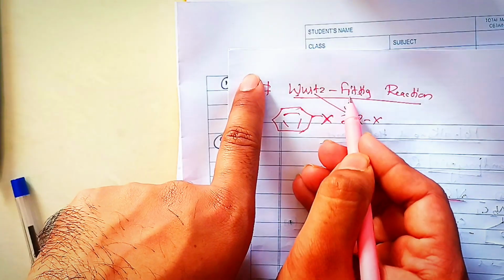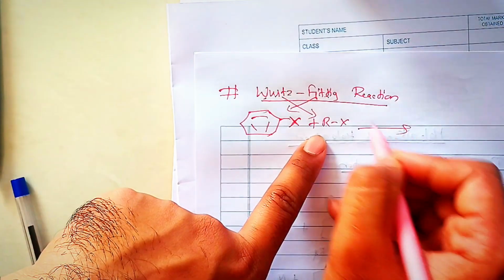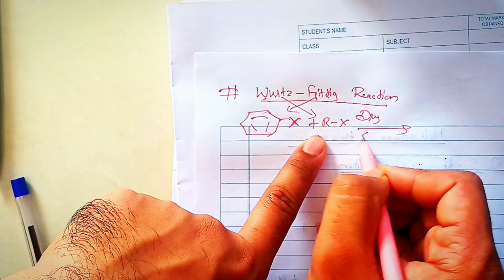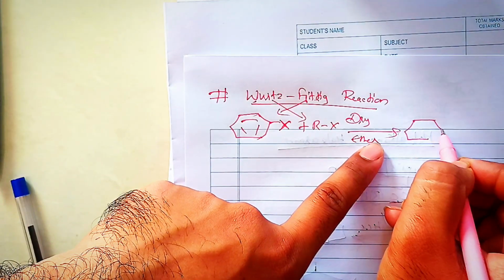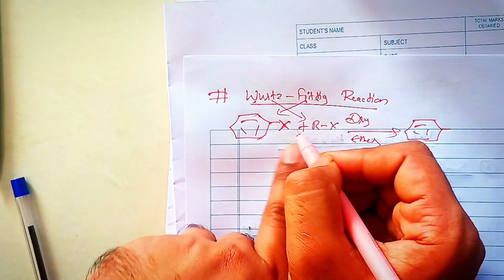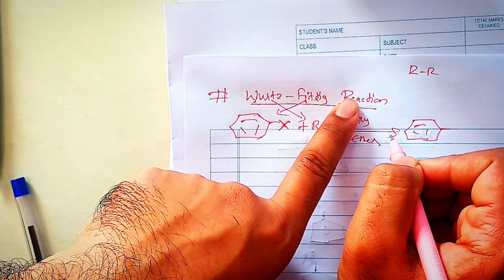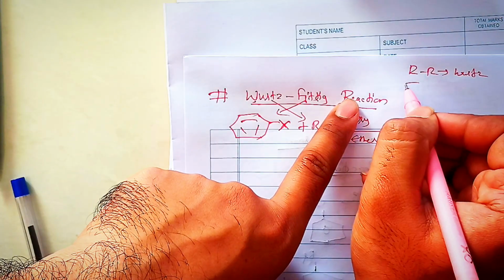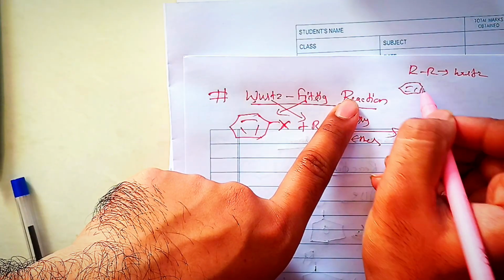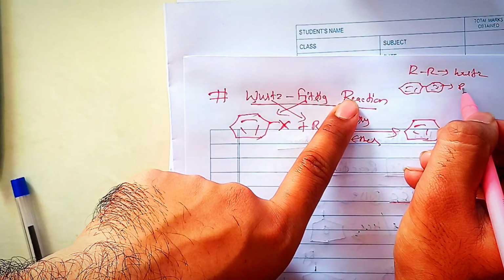Here it is a Wurtz, this is a Fittig. This combination in the presence of dry ether gives the product. In the Wurtz reaction we get R and R, in the Fittig reaction we get diphenyl.